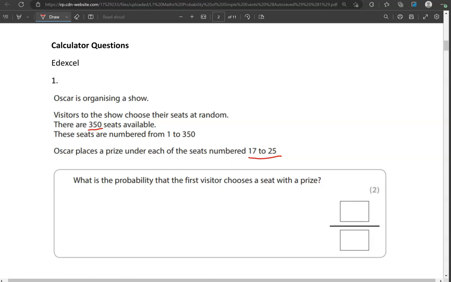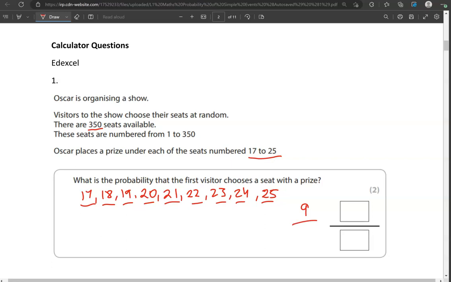Okay, so seats with numbers 17, 18, 19, 20, 21, 22, 23, 24 and 25 have prizes. So how many of these? That's 1, 2, 3, 4, 5, 6, 7, 8, 9 out of 350.